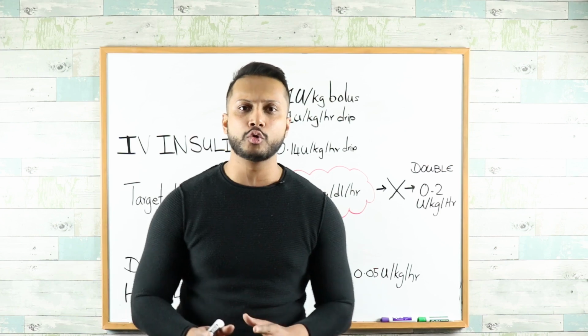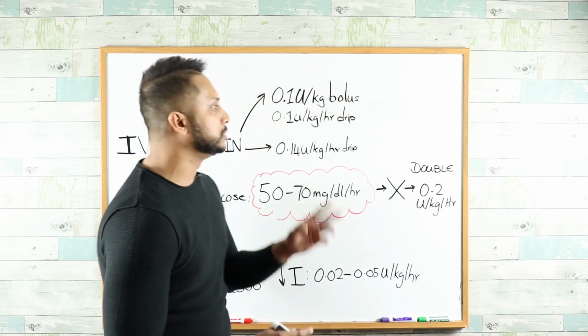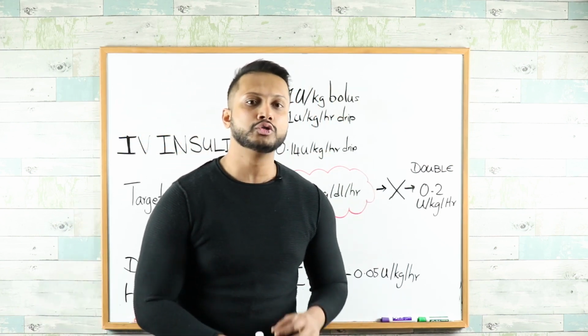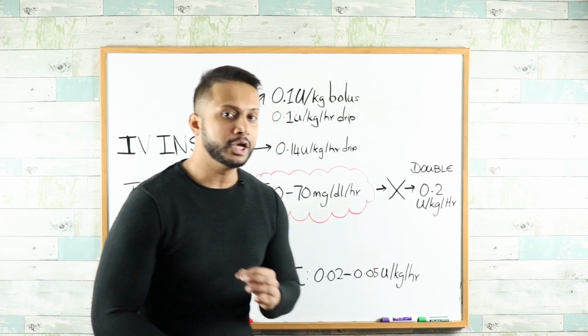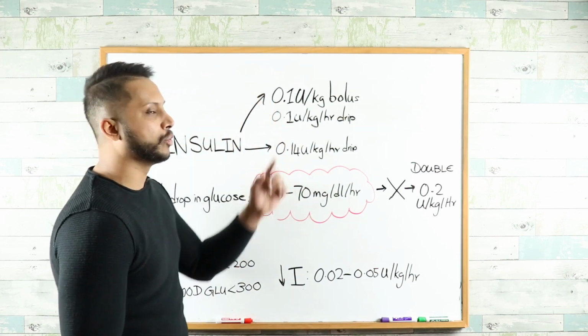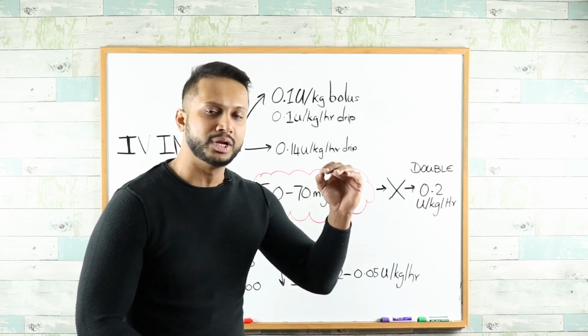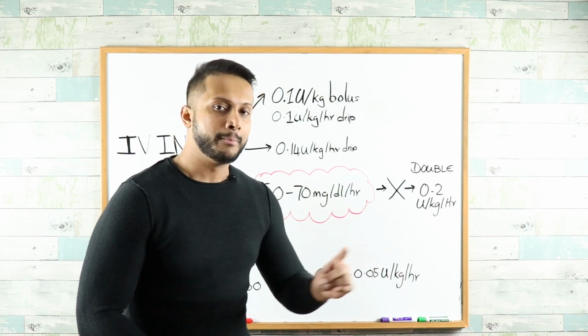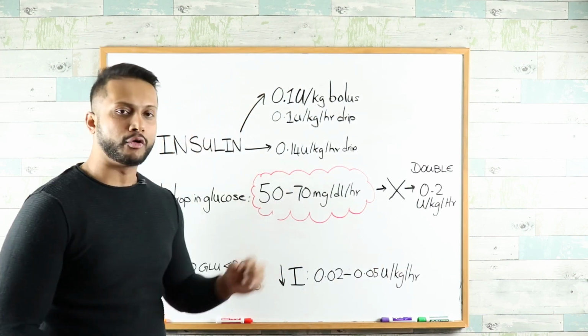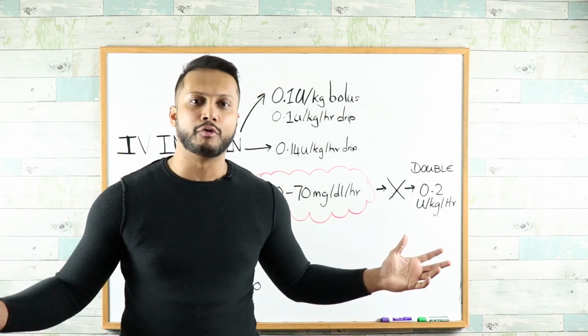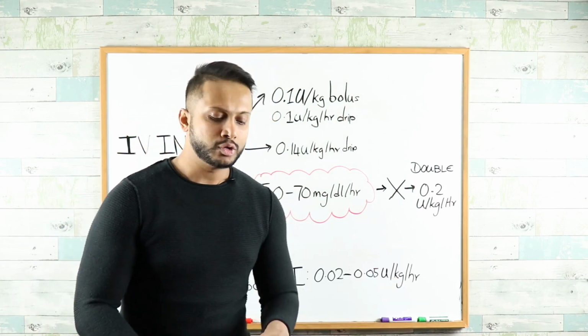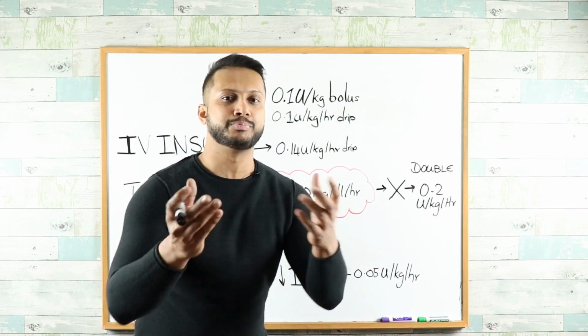Here's either one of two methods you could use. You can either use a 0.1 unit or you could do 0.14 unit. The only difference if you choose 0.1 unit is you're going to give a bolus followed by the infusion. But if you use a 0.14 unit, at that point you avoid the bolus. It's pretty straightforward. So I want to put this into an actual patient perspective to you.